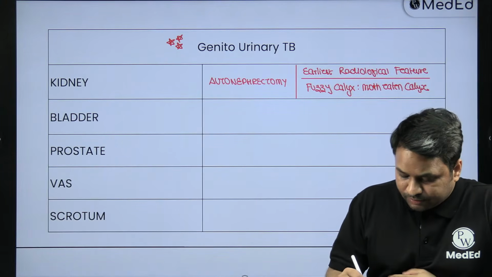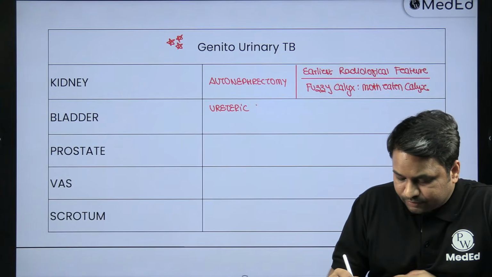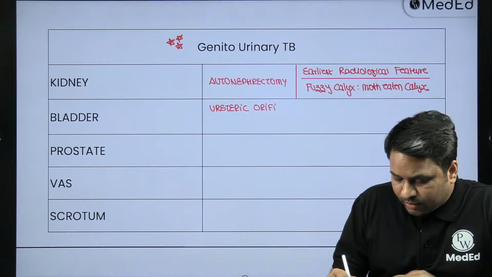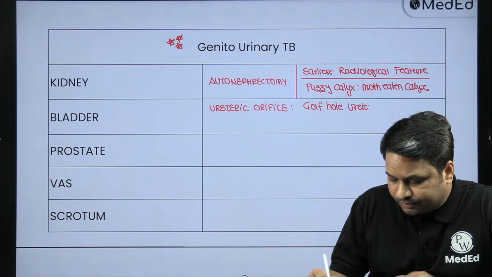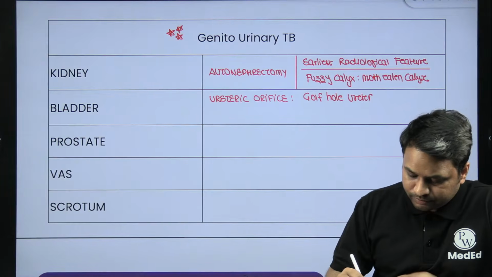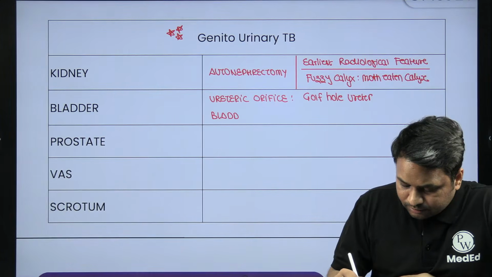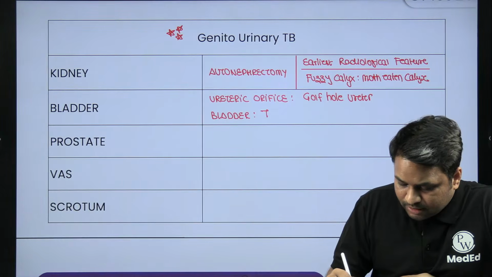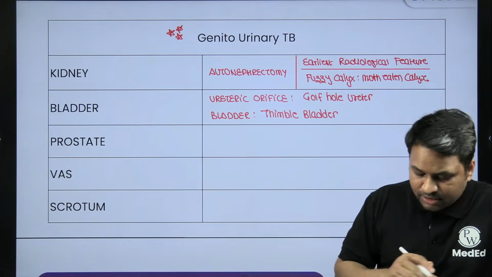In the bladder, around the ureteric orifice, it presents to you as golf hole ureter. And in the bladder, it will present to you as thimble bladder.